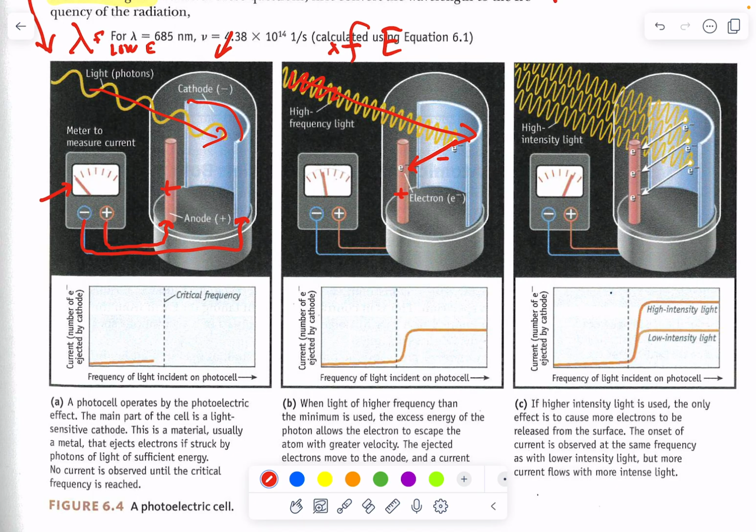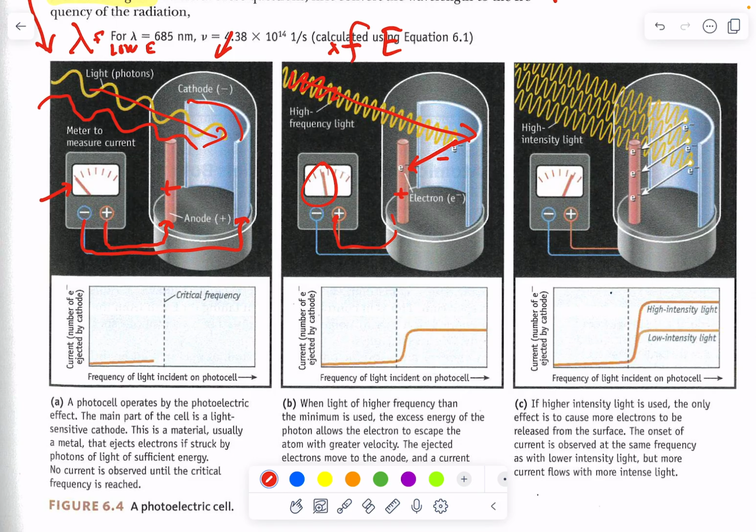That charge is going to go this way through the meter, and we're going to see the meter register that we now have a complete circuit. Now, if we increase the intensity of the light over here, but it's low intensity, we still don't get any current.